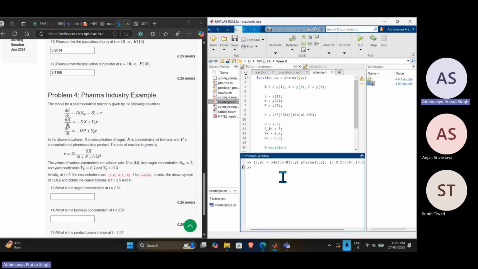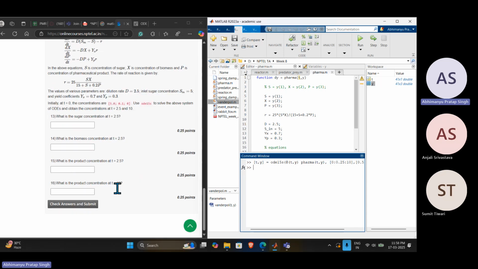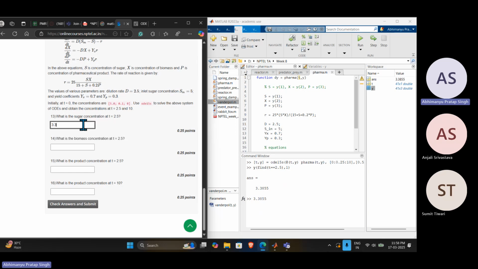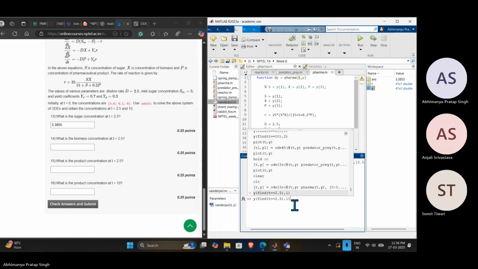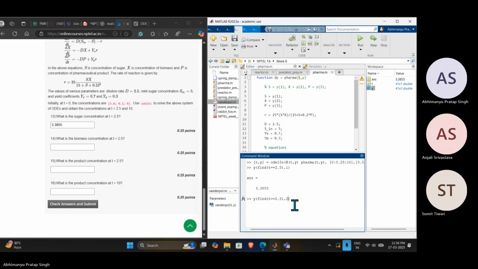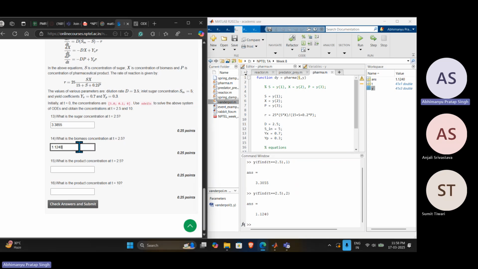Now we need sugar concentration at t equal to 2.5. It's basically the same problem. Sugar is the first one, 3.3855. The second one is the biomass, X is the biomass here, 1.1240.